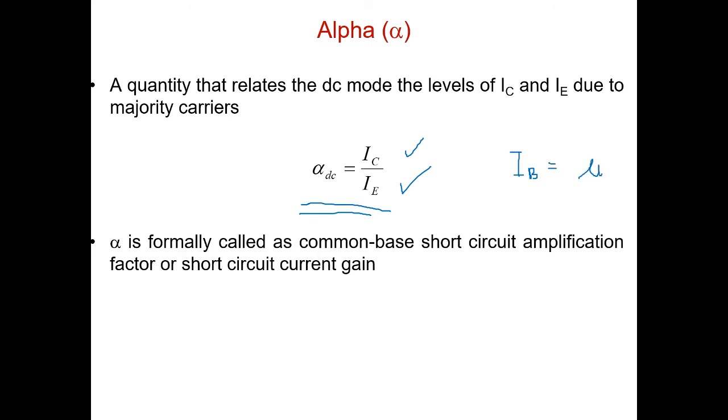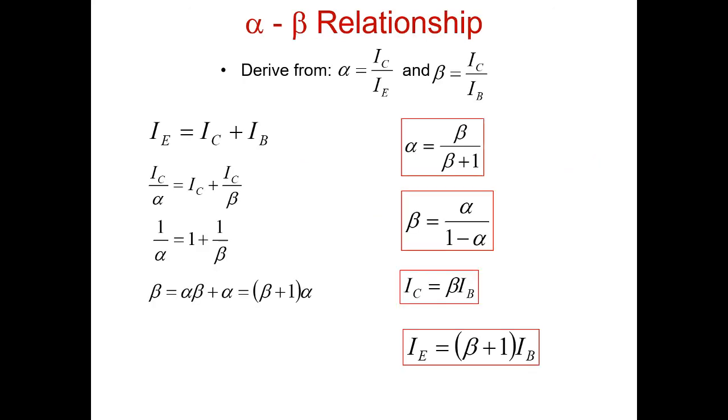So if you divide IC with IE, you will get the alpha value. Looking further at the relationship between alpha and beta, alpha equals IC over IE and beta equals IC over IB.